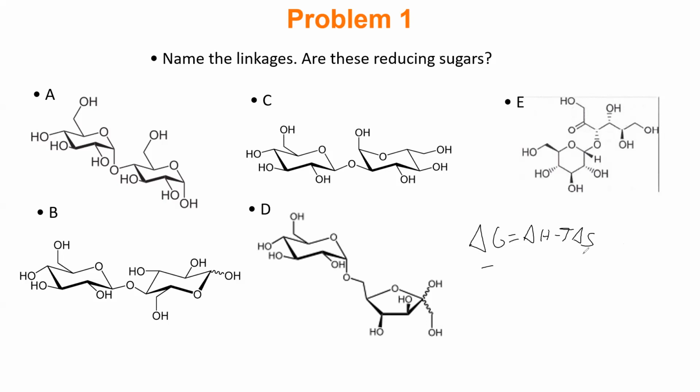Delta S then, you are increasing chaos. So delta S is positive. Delta H is probably very small. Somewhere between very small negative, 0, and very small positive.